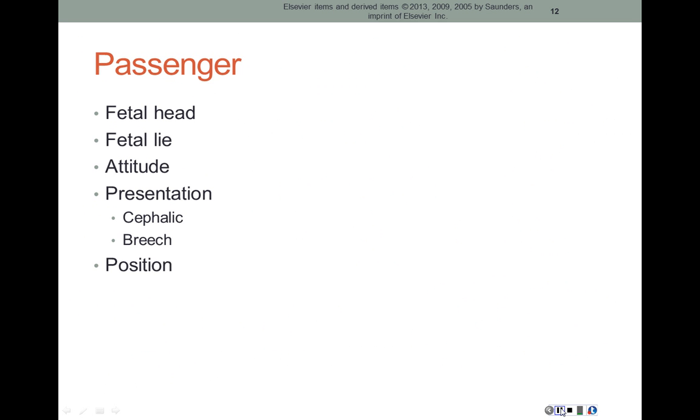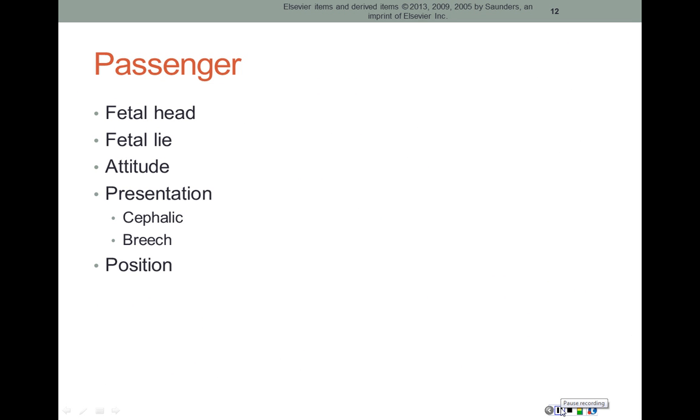Alright, so our next P is passenger, and of course this is our baby. He's the passenger. He's being delivered. So we're worried about the fetal head, the fetal lie, attitude, presentation, and position. In presentation, it's either cephalic, which is head first, and that's what we want, or it's breech, and breech is when the buttocks or the feet are coming out first, and that is not the normal position for baby during birth.